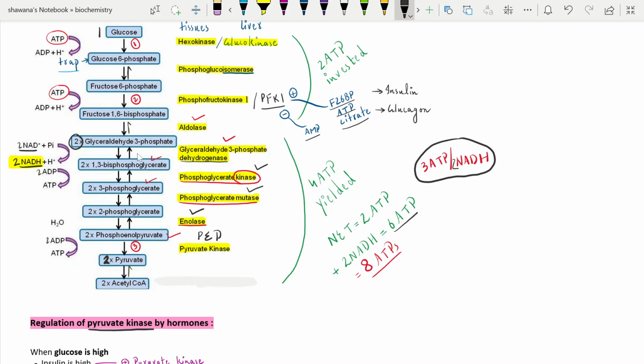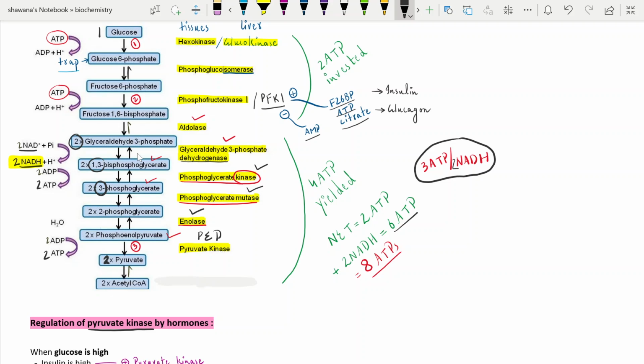And in which steps are we yielding the ATPs? Via the conversion of 1,3-bisphosphoglycerate to 3-phosphoglycerate, and by the conversion of PEP into pyruvate, we are yielding two molecules of ATP there and two molecules of ATP here.